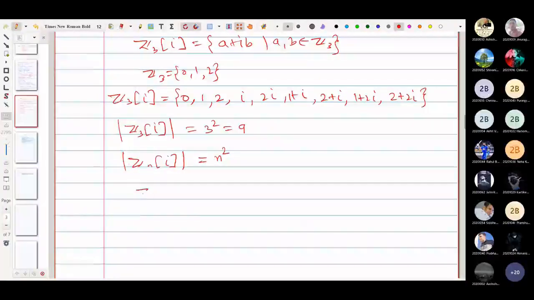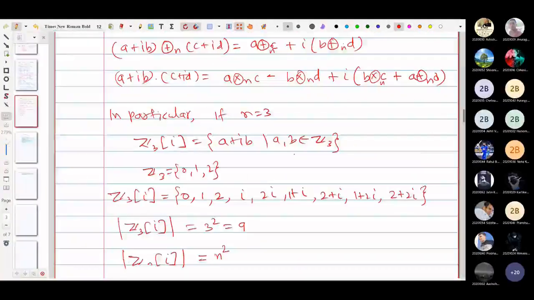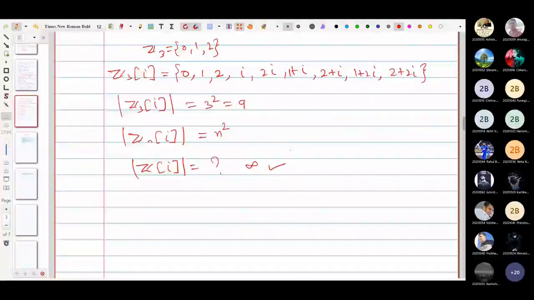What about when we took Z[i]? It is infinite. This will be countably infinite.